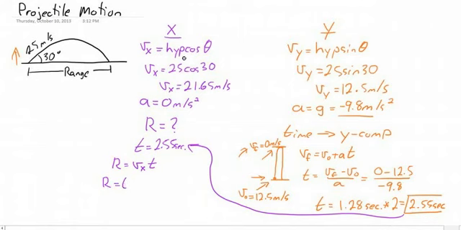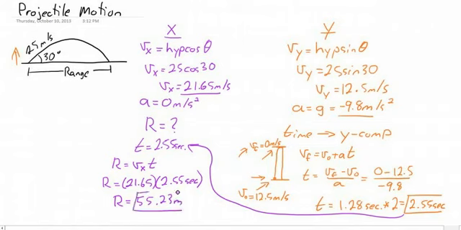So we plug in our x velocity that we calculated at the very beginning, 21.65, times the time of 2.55 seconds. This gives us a total range of 55.23 meters. And that is the total distance that our object will travel with these given conditions.